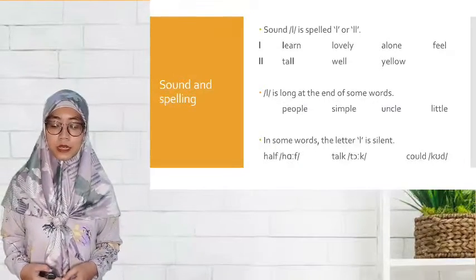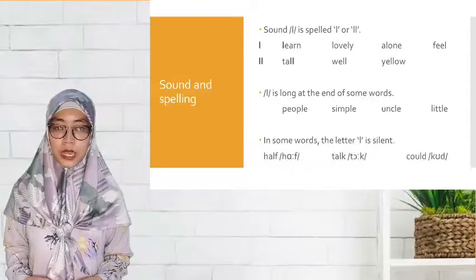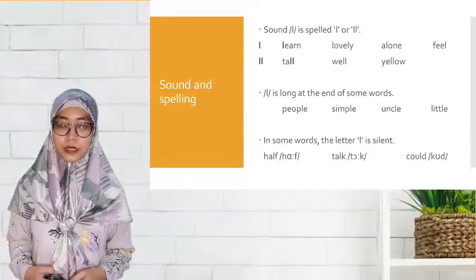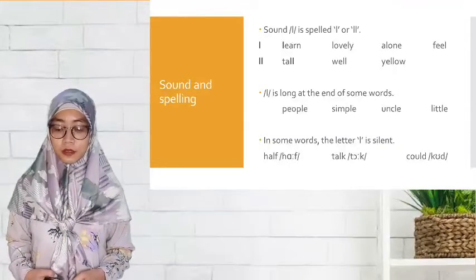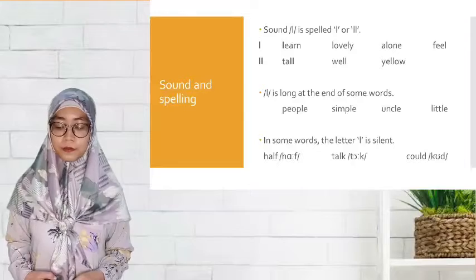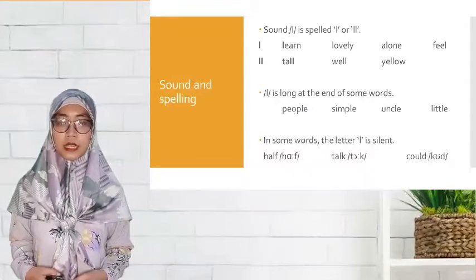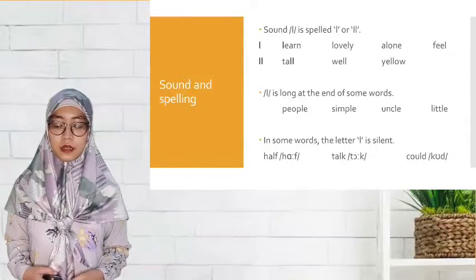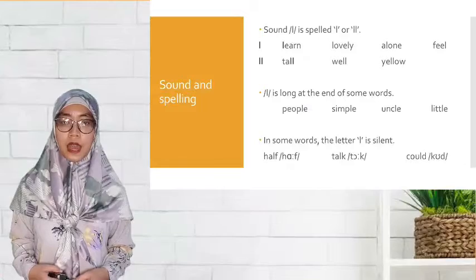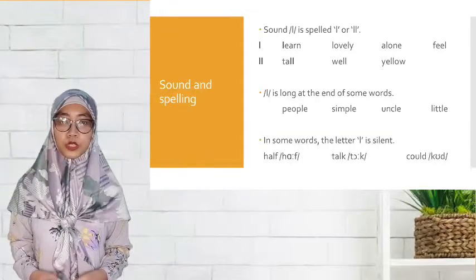The l sound might be long at the end of some words such as people, simple, uncle, and little. And in some English words, the letter L is silent. For example, half, talk, could.